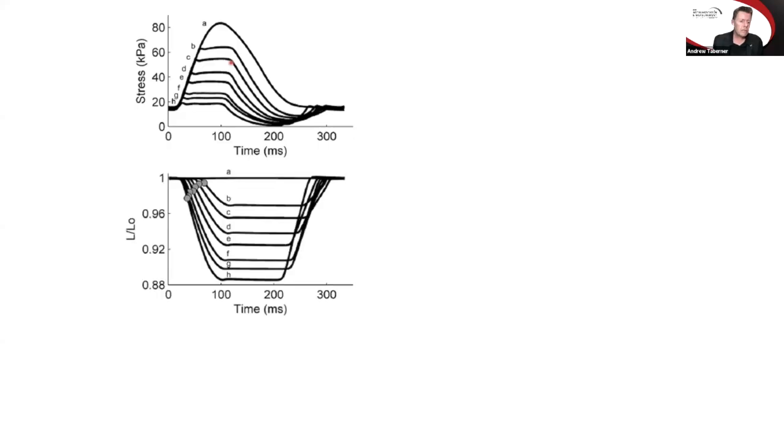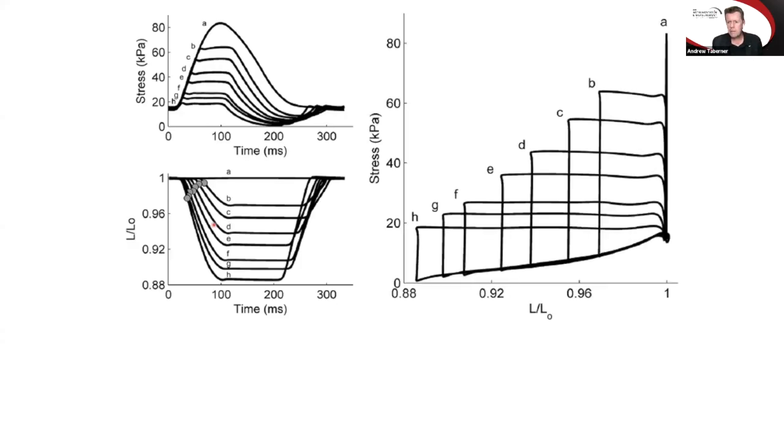And these are corresponding length changes as that engine switches on or is fired. And typically, as I showed before, these are plotted as a work loop. So this is the stress on the vertical axis plotted against the relative change in length. And the letters here from A through to H are shown parametrically as work loops.